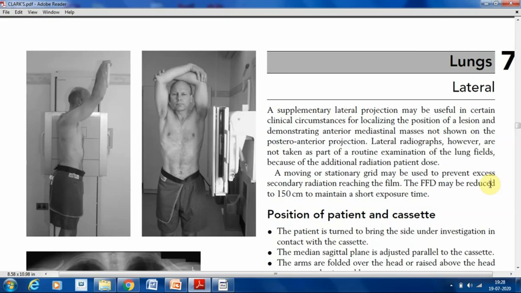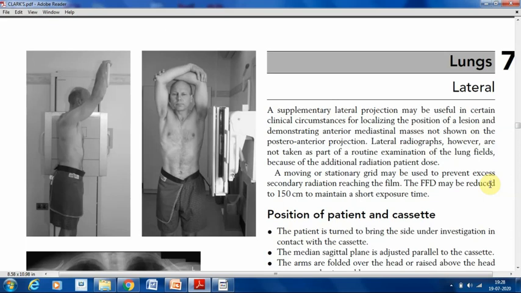That's the purpose of the lateral view. Nowadays we don't take this lateral view, because after a chest X-ray PA view, if there are any lesions or indications, the patient is sent straight away for a chest CT. That is the reason the lateral view is not taken.